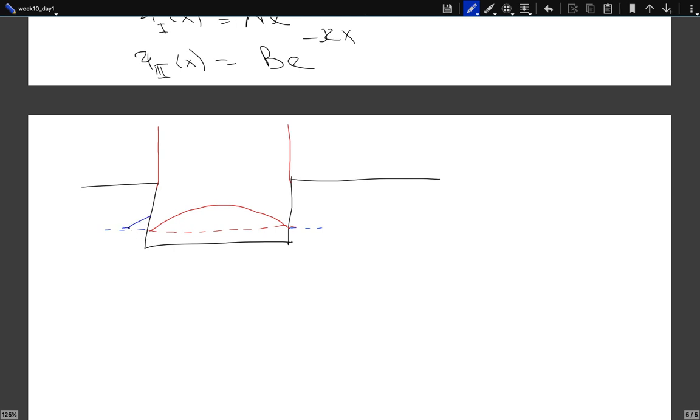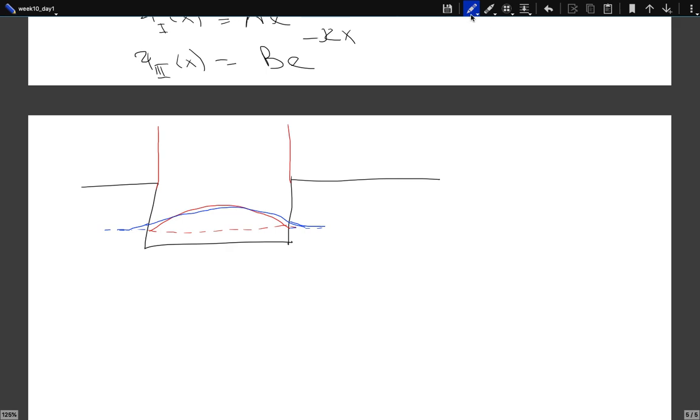It will basically look like something like this. It will go to 0 exponentially. It will spread into the classically forbidden region, in a sense. So there's still some finite probability of observing the particle here, some finite probability of observing my particle over here. In between, we will see that it looks more or less like our infinite wall case.